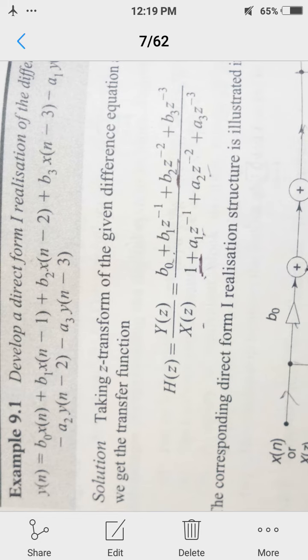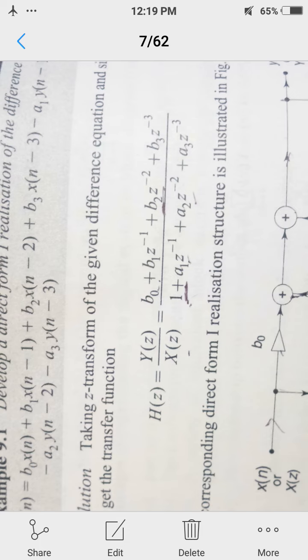So from the given equation we have the transfer function as b0 + b1 z^-1 + b2 z^-2 + b3 z^-3 upon 1 + a1 z^-1 + a2 z^-2 + a3 z^-3.